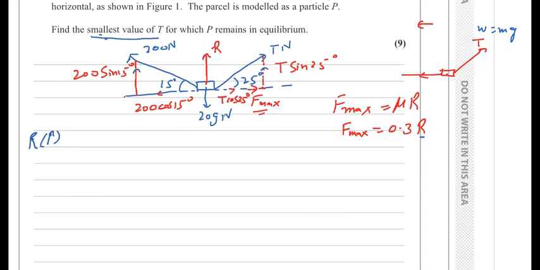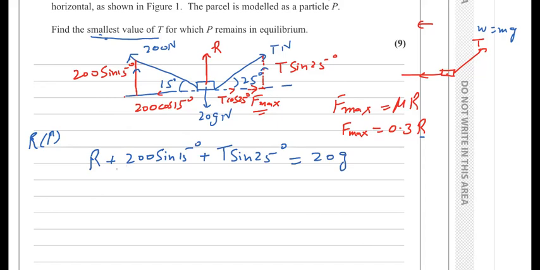This vertical force is directed upwards, this R is directed upwards, and this weight is directed downwards. So I will have R plus 200 sine 15 degree plus T sine 25 degree will be equal to 20 G Newton.